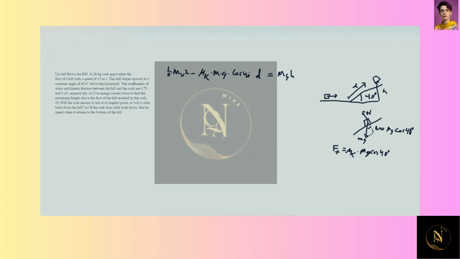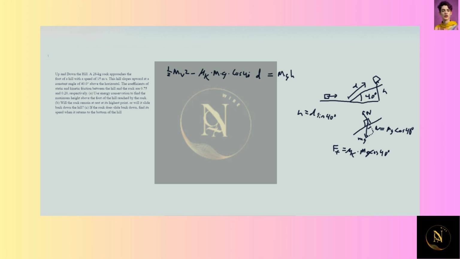Then I'm going to find a relationship between d and h, and that's pretty straightforward. We have h equal to the hypotenuse times sine of 40, so h equals d sine 40 degrees. Then we can plug that in for d here, since we're solving for h.